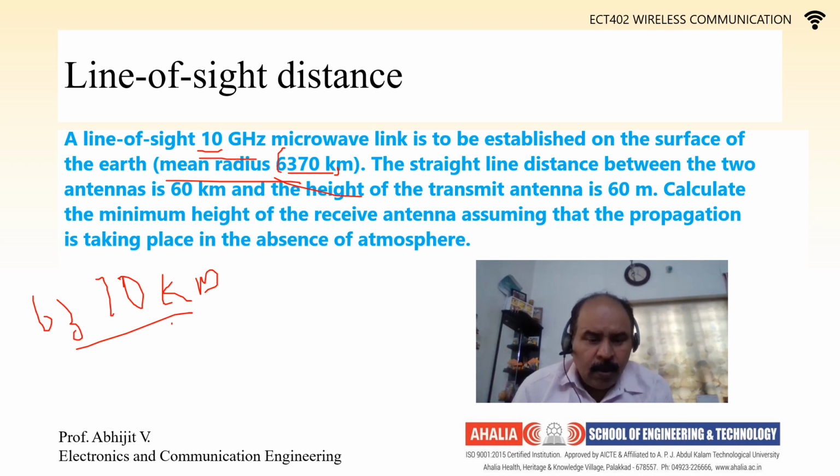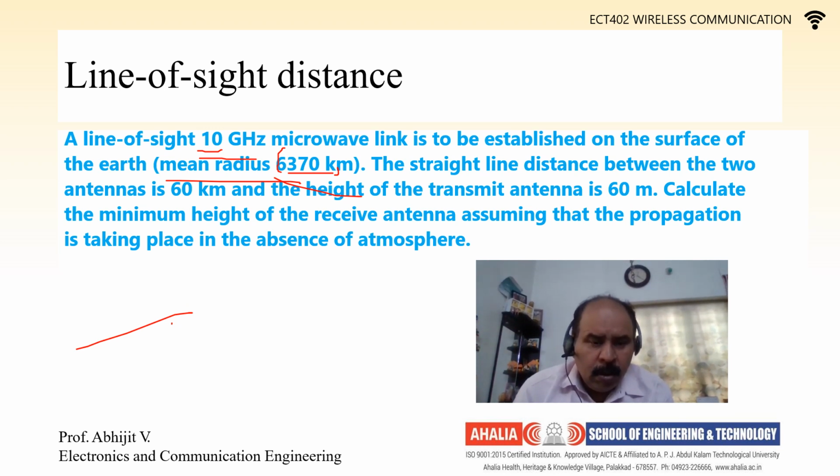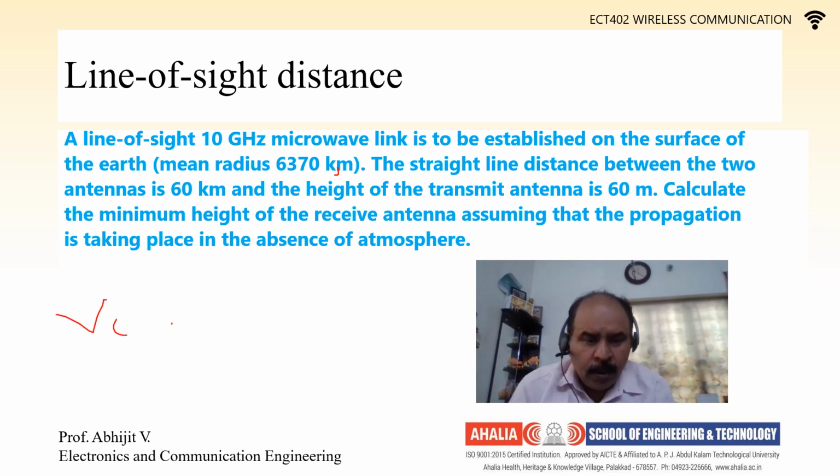That is this value R naught. The value of R naught is given to be 6370, and the distance between the antennas R is given to be 60 kilometers.